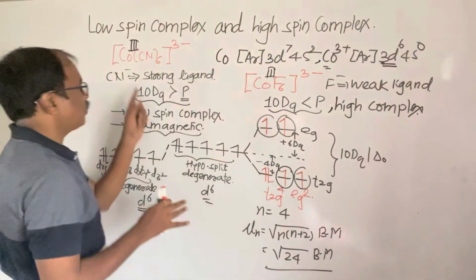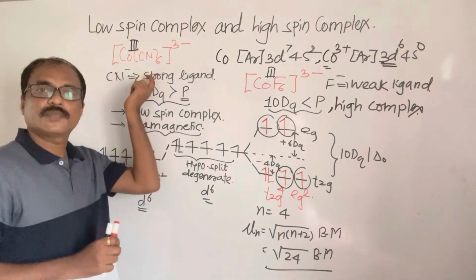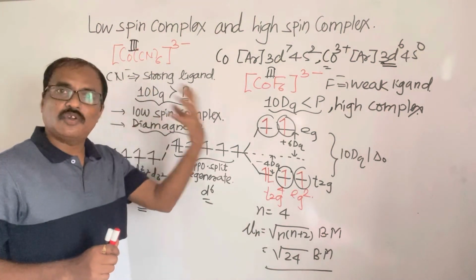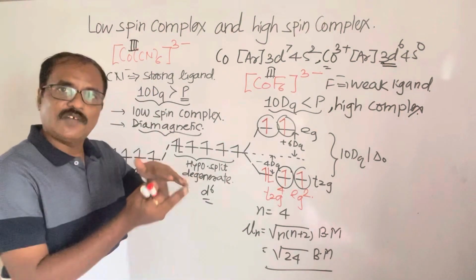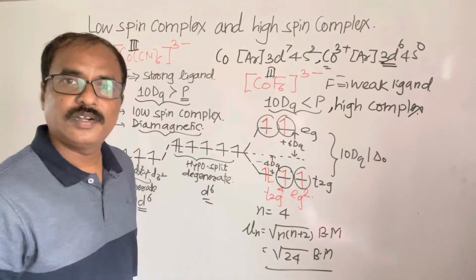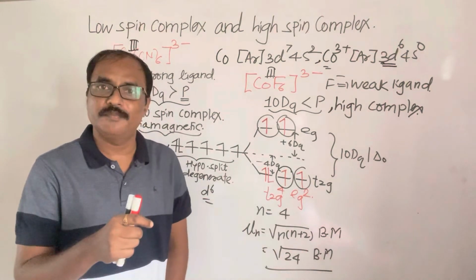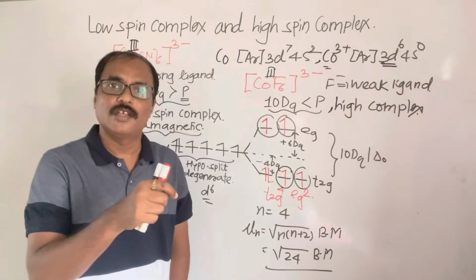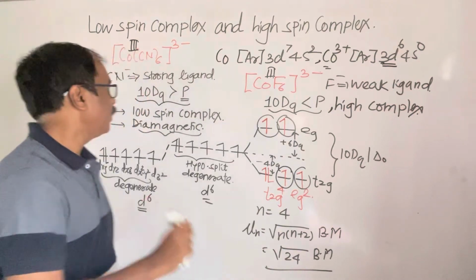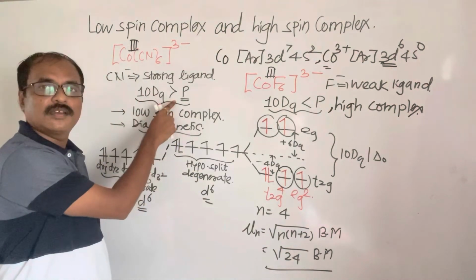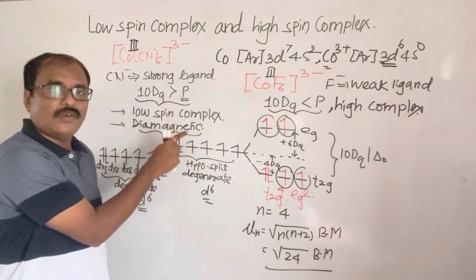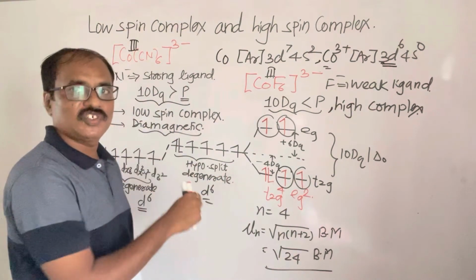In first complex, attack of strong ligands. So when there is attack of strong ligands on metal or metal ion, splitting of d atomic orbitals is more. Metals के जो d atomic orbitals होते हैं उनका splitting ज़्यादा होता है, and that is 10 Dq is greater than P. So that is why fourth electron enters at lower energy level and formation of low spin complex.